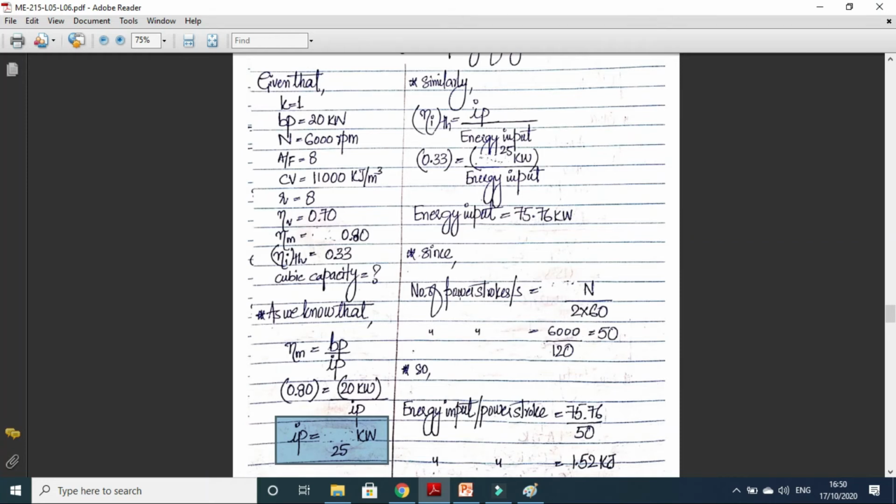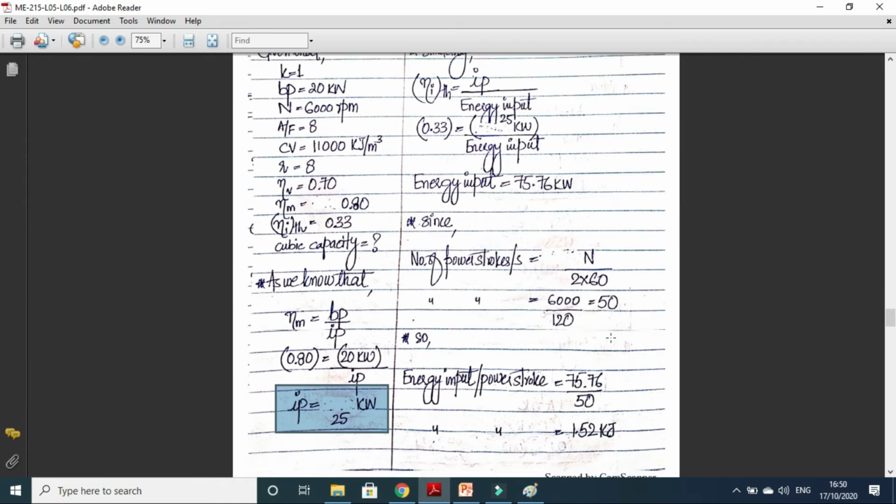Now, the number of power strokes per second can be found with the help of RPM. So N divided by 2, because it is a 4-stroke engine, where every second revolution has the power stroke, and divided by 60 to bring RPM into RPS, so it's coming out to be 50 power strokes per second.